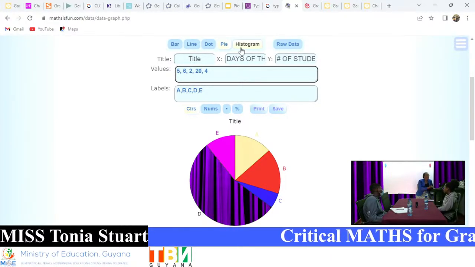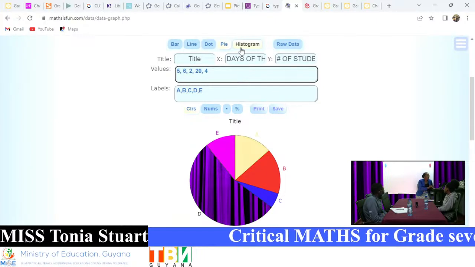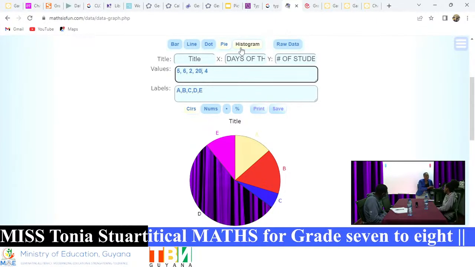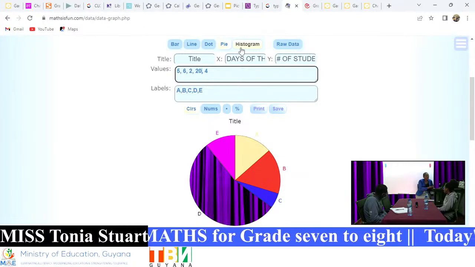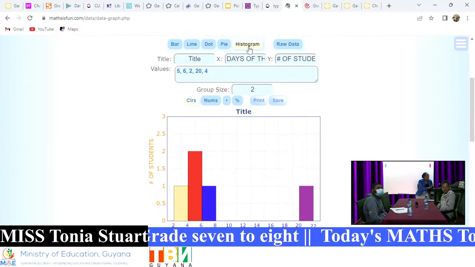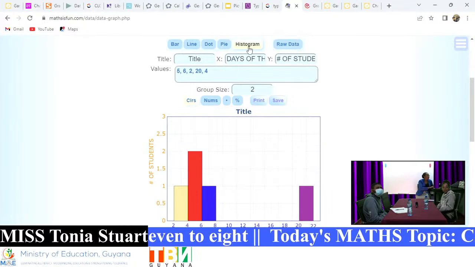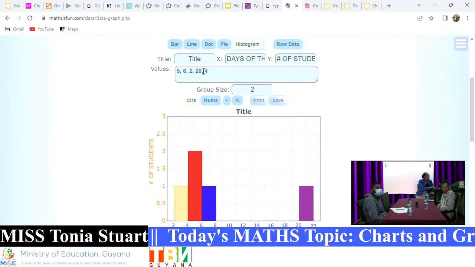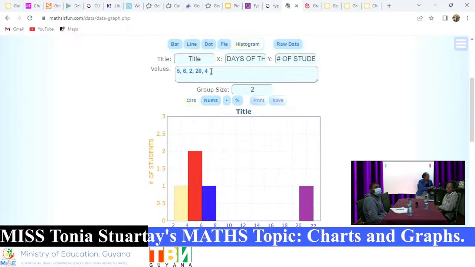Good. So we had the bar graph, we had the line, we had the dot, and we had the pie. Right? Please keep these things in mind. So we have the histogram. What would you say about the histogram?